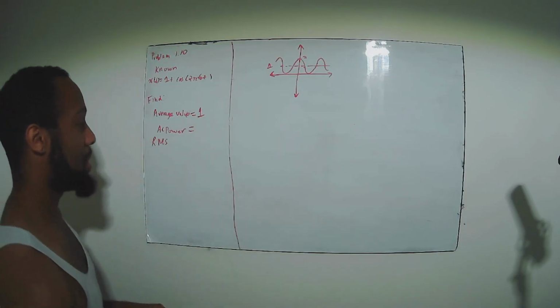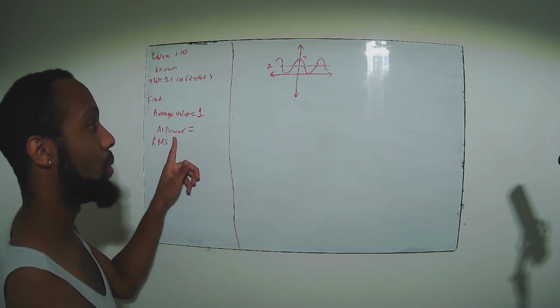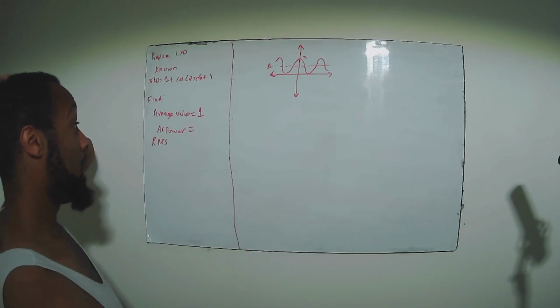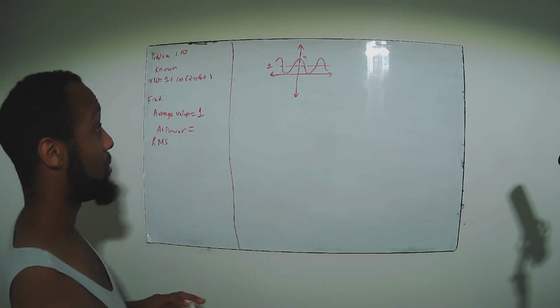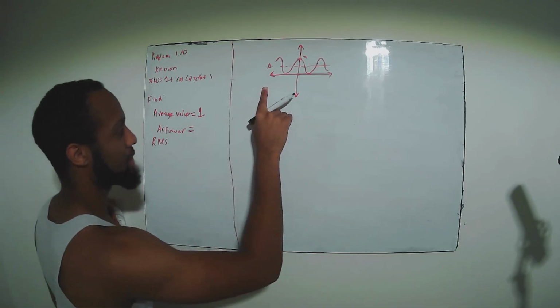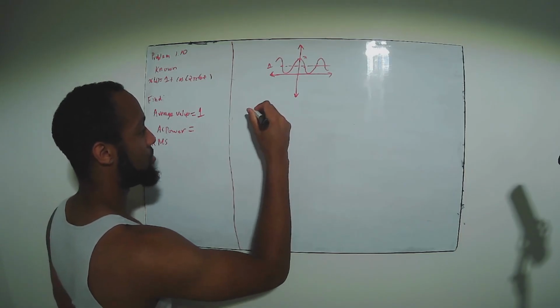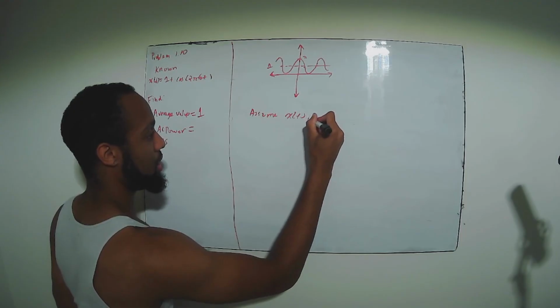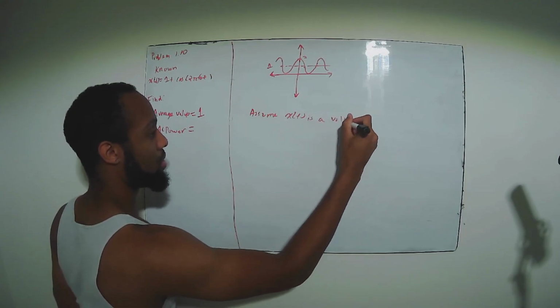I've not heard people say it, but I think what he's talking about is the average power, the average normalized power here. And the reason I believe that is because we calculated the average value for x of t, right? And we're going to assume x of t is a voltage or current source.